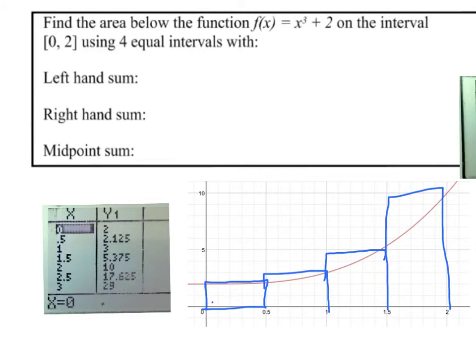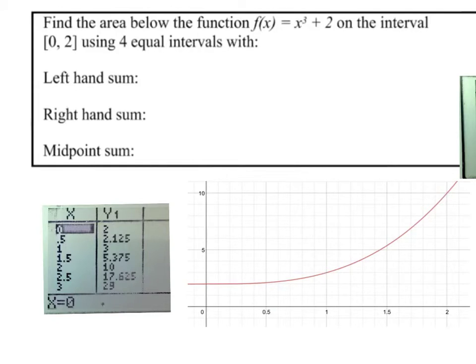So we still have 0.5 this time. This height is 2.125. This one is 3. This one is 5.375. And this one is 10. And again, we multiply those together, get the 4 areas, then add them, and that would be our right-hand sum.